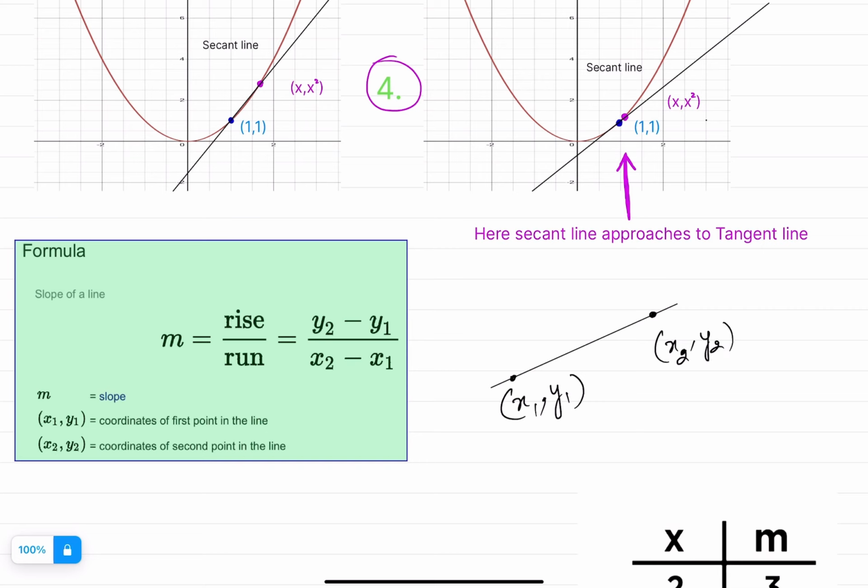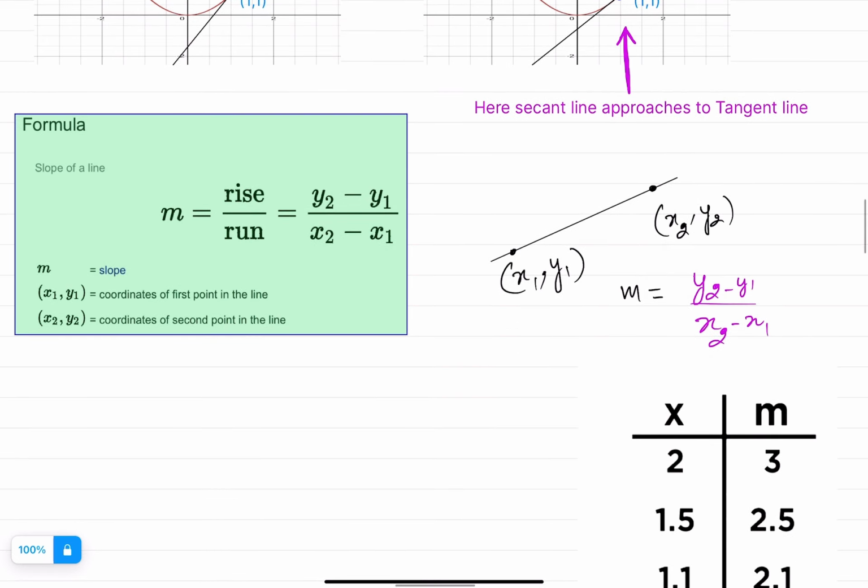And if you want to find slope, that is change in y coordinates, that is y2 minus y1 divided by change in x coordinates, x2 minus x1.